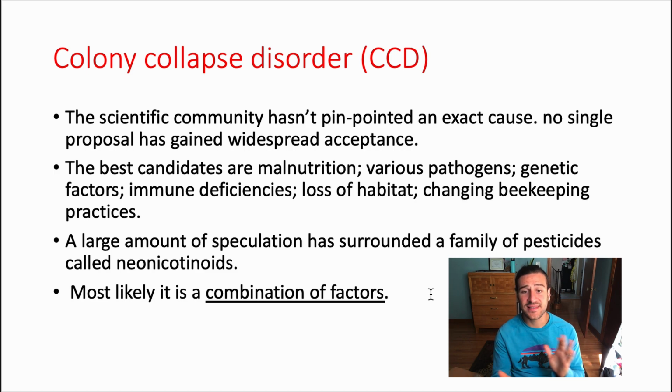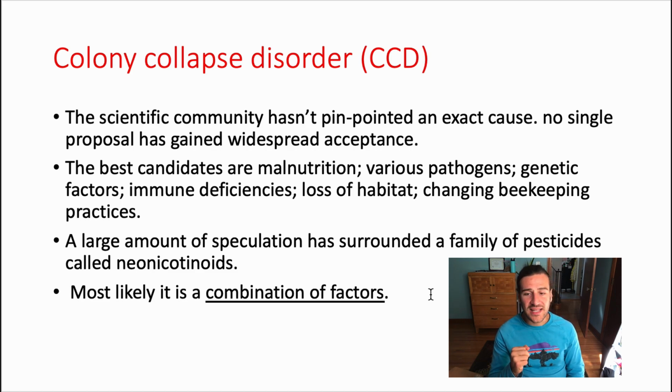The best candidates are malnutrition, various pathogens, genetic factors, immune deficiencies, loss of habitat, changing bee practices, and there's been speculation that surrounds a family of pesticides known as neonicotinoids. They can cause a lot of neurological damage, and they're really harmful to these bees.